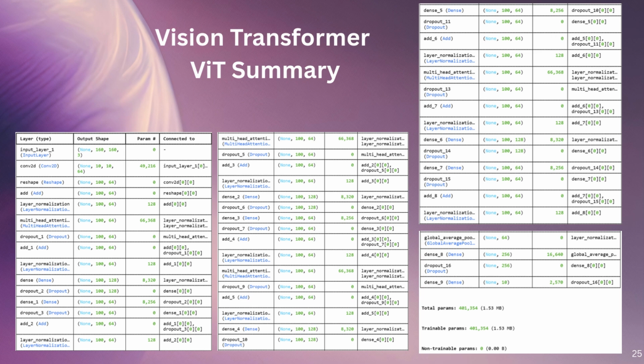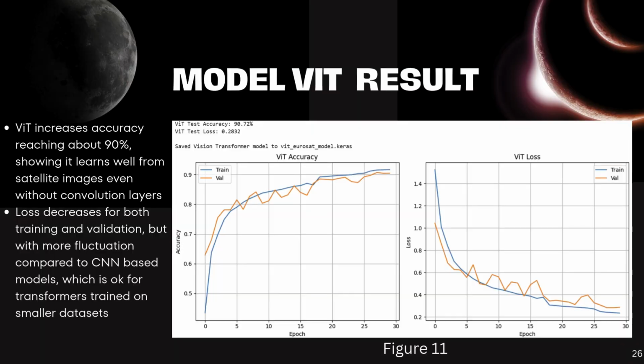The last model was the Vision Transformer, and this is the summary for it. It has a lot of trainable parameters, and this is the accuracy for it, achieving 90.72%. This is one of the transformers that I've tried.